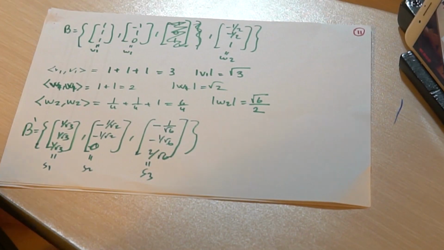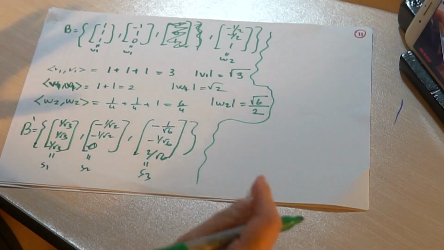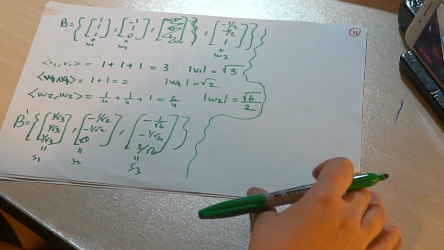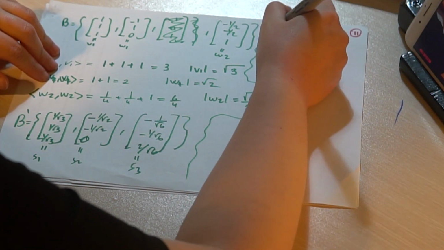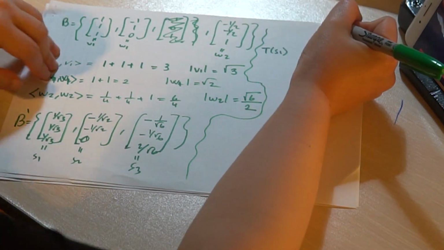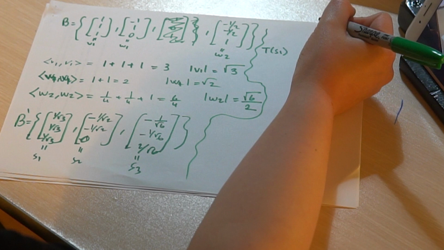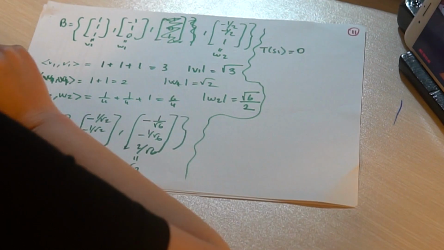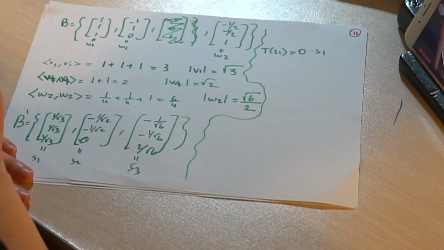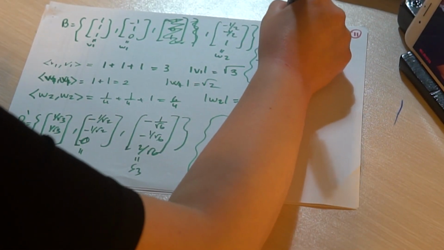This is our matrix, the matrix we are searching for. Let's try to verify that. Okay, if you try the computation, TS1 will be equal to 0, which is 0 times S1, and verify these ones.